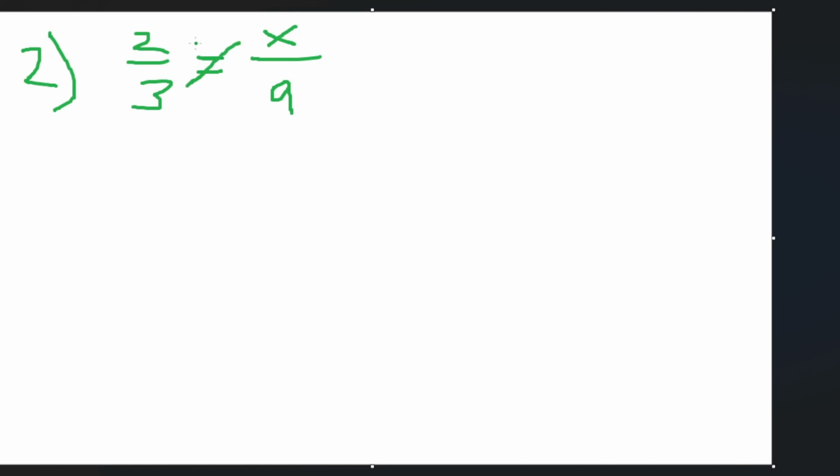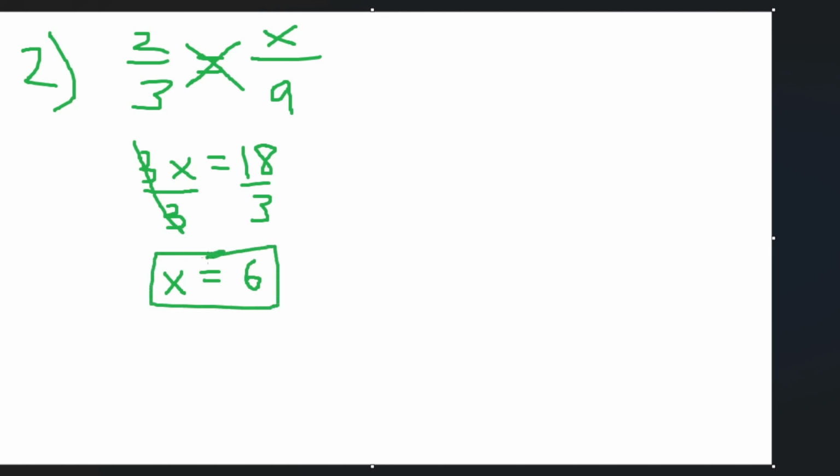X times the 3, 2 times the 9. If we do that, we get 3x equal to 2 times 9, which is 18. And then here's something that everybody should be familiar with. Here we divide by 3 to both sides to get the x by itself. And finally we get x is equal to 18 over 3, or 6. So that would be the answer to number 2.